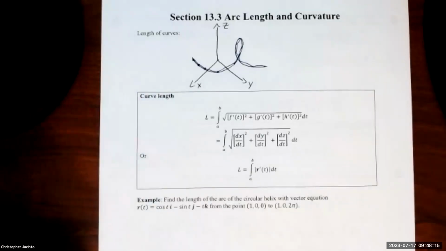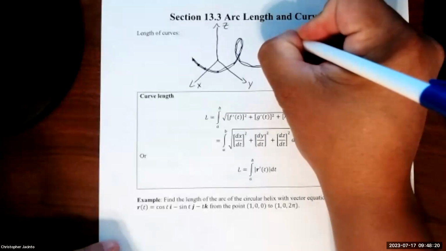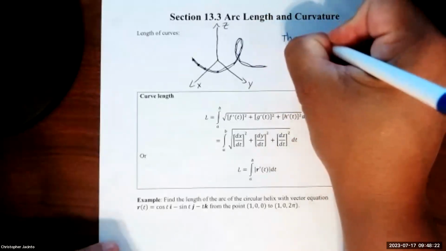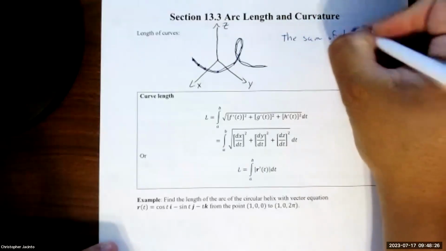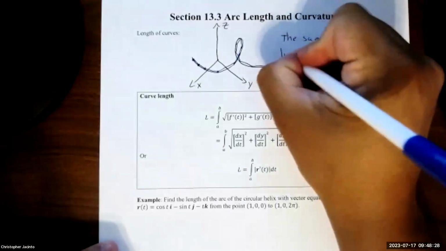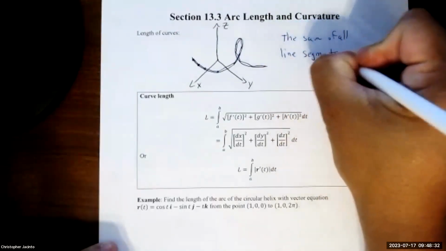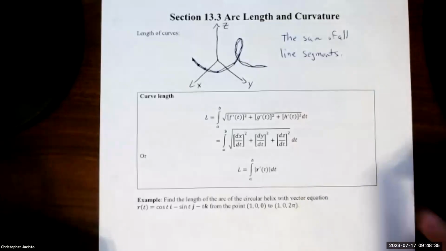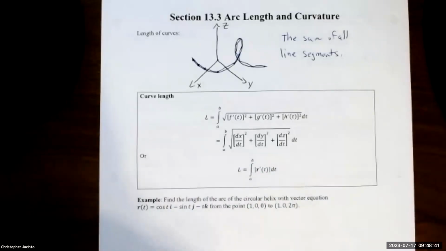But the theory behind this is, if I sum up all of these line segments, we create a curve. And if we take the limit of all of these portions, we get the length of the curve.